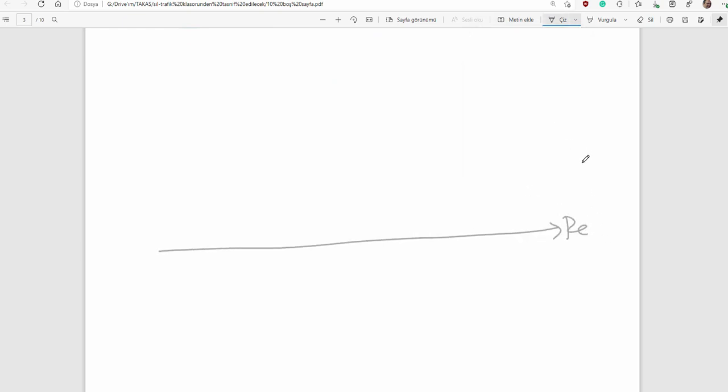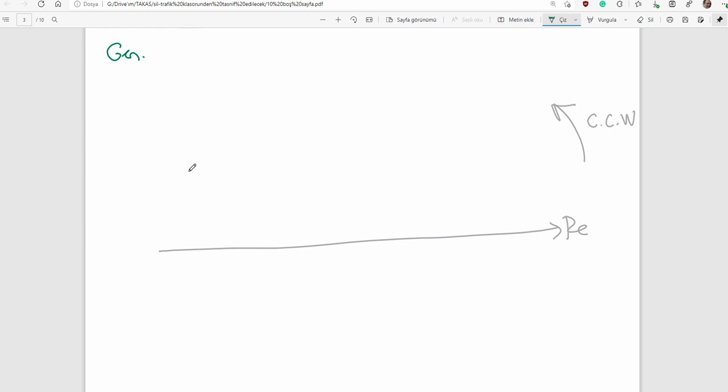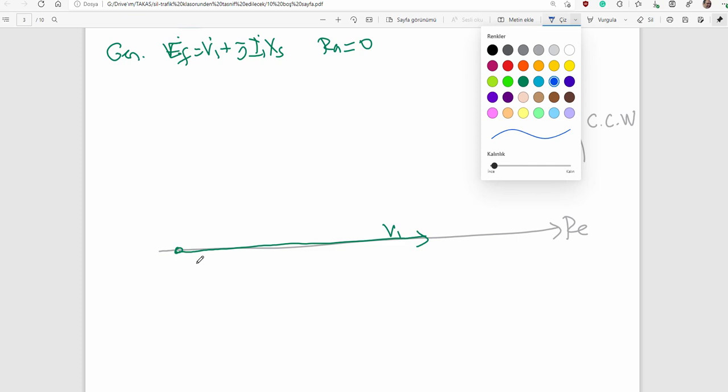Here is the real axis. That is the positive rotation direction of phasors. First assume that the machine is operated as a generator. So the generator equation: EF is equal to V1 plus jI1XS. For simplicity, let me omit Ra and draw V1 and then current.